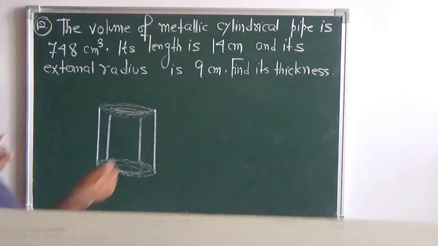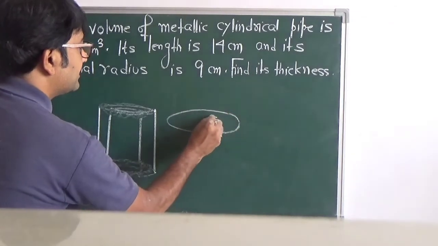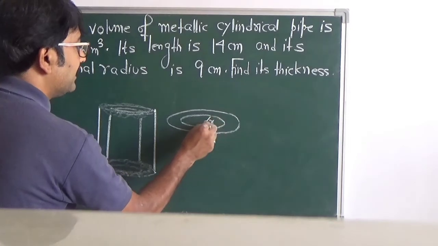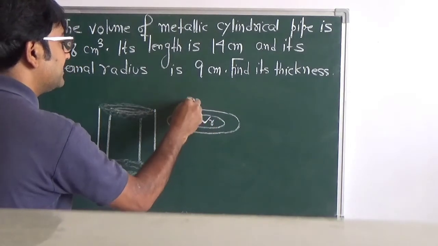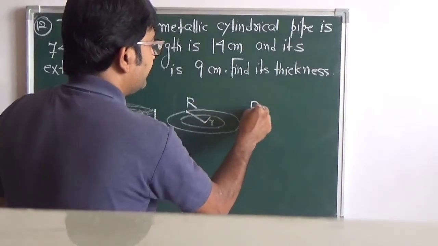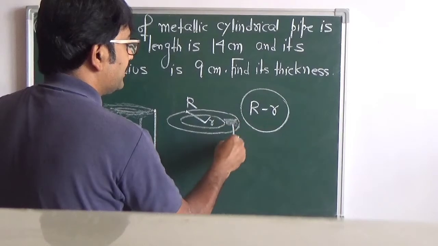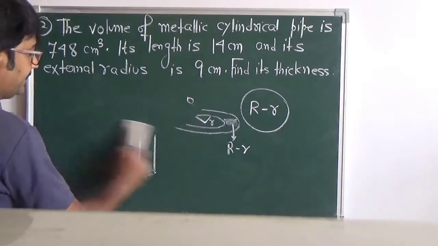This is the outside part and this is the inner part. The radius of the inner part is smaller, and this is the outer radius, capital R. The thickness is given by R minus r. So let us now move ahead to find the value of small r, the inner radius.